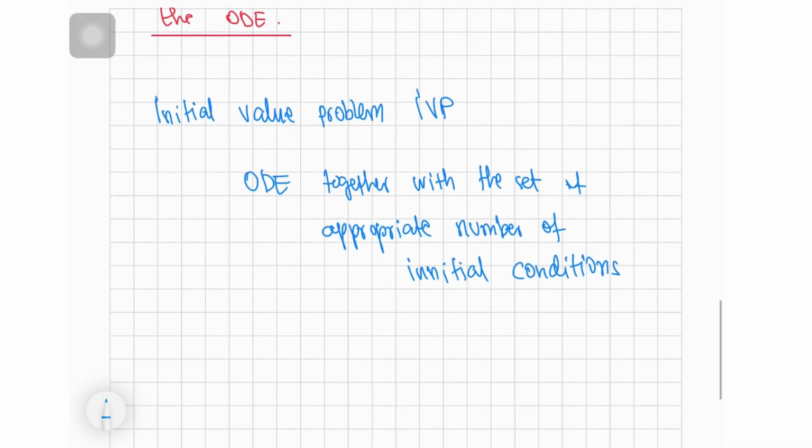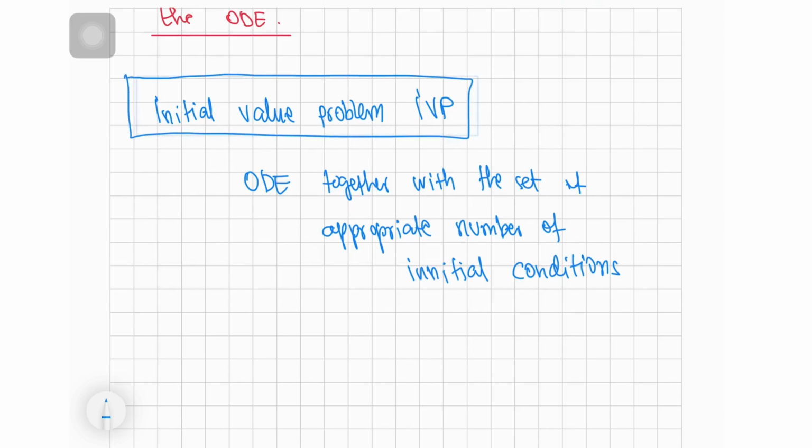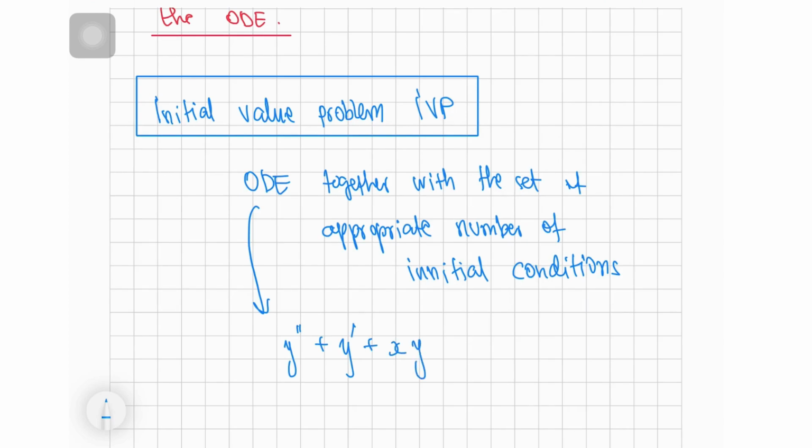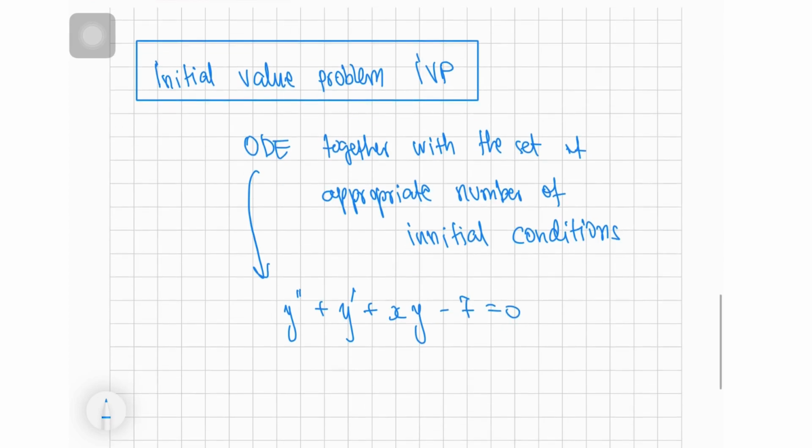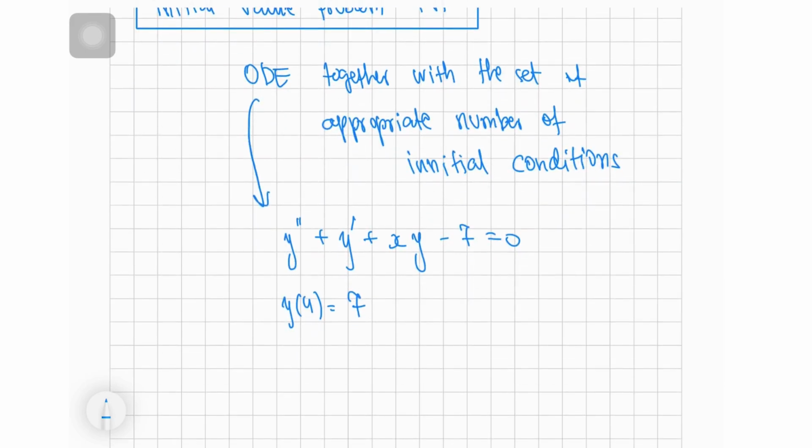Here is a typical example of how an initial value problem looks. Basically we will have one ODE, let's say with the second derivative, and then we have initial conditions, and y prime of 4 equals minus 21 over 5.